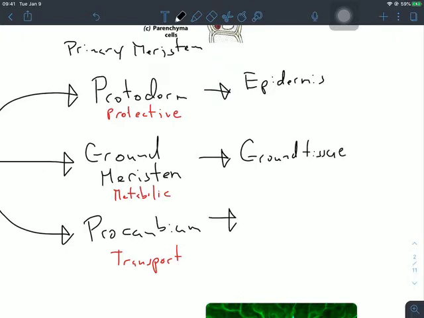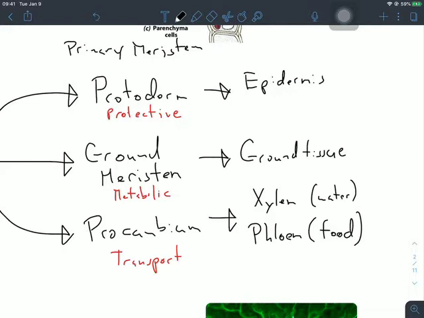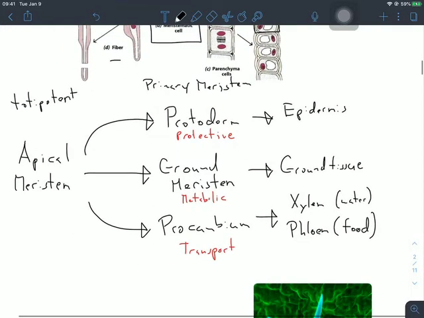And the procambium will either specialize into xylem, that transport water, or phloem, that transport food, or the sugars and nutrients of a plant. And if you're taking a plant biology course, if you need to know anything about plants, it is that xylem transports water and phloem transports food.